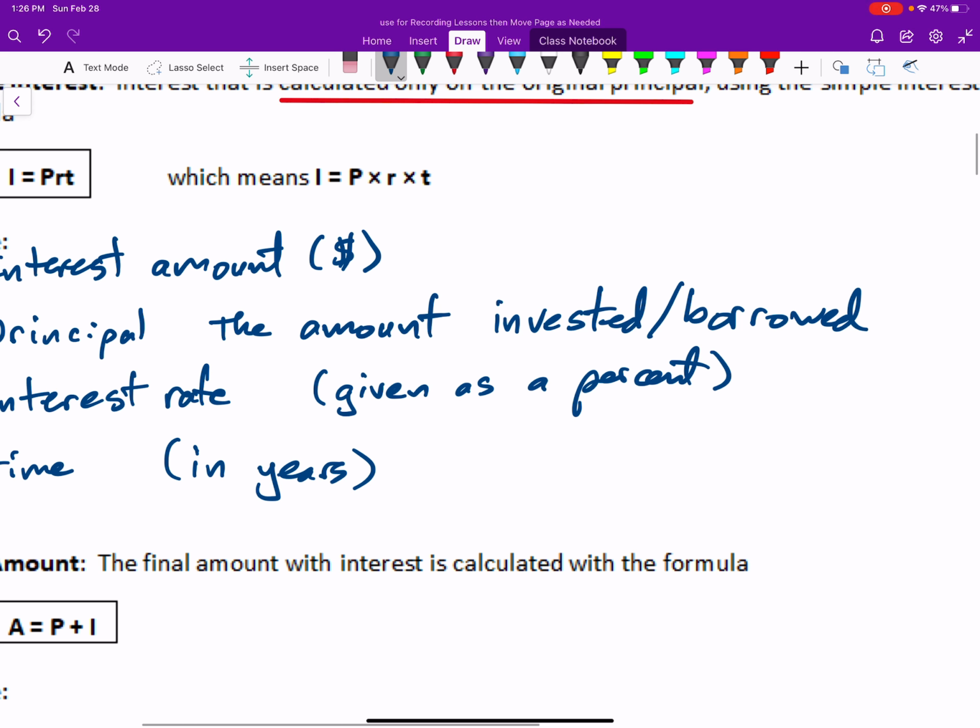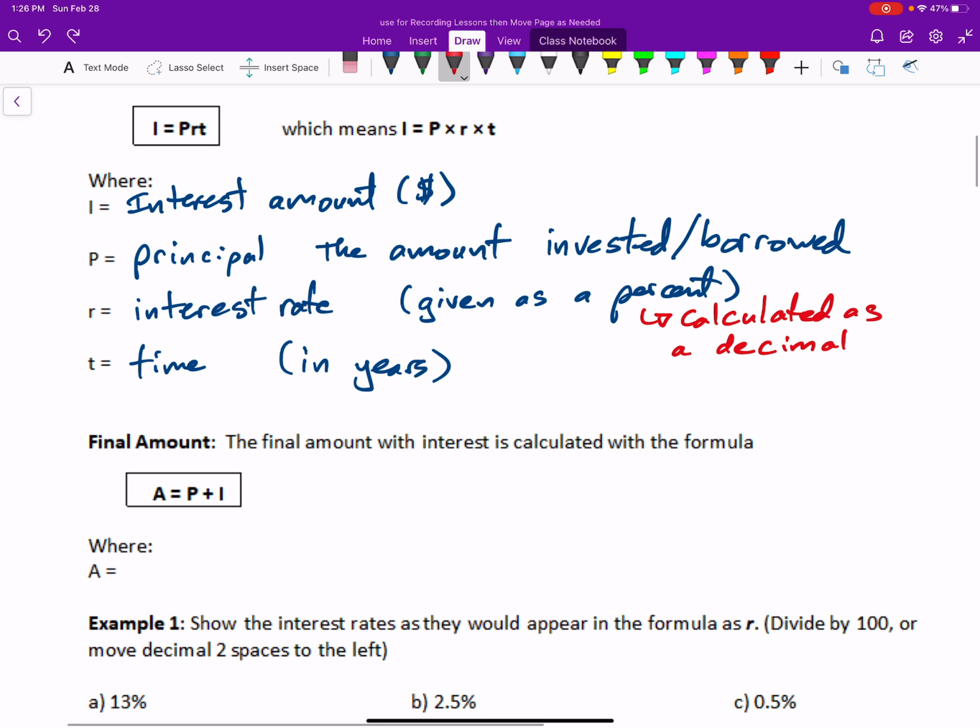It's given as a percent, but I should emphasize it's calculated as a decimal. We never calculate things with percents. We always change them to decimals. There's nothing new about that, but I just want to be clear. And then T is the time in years.